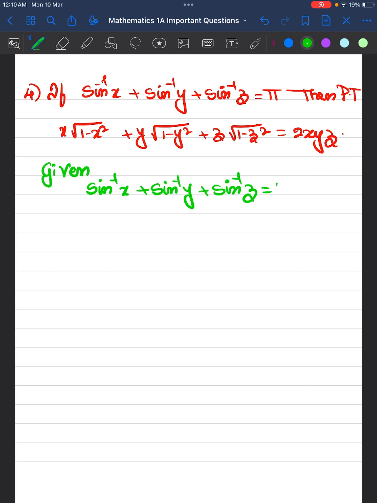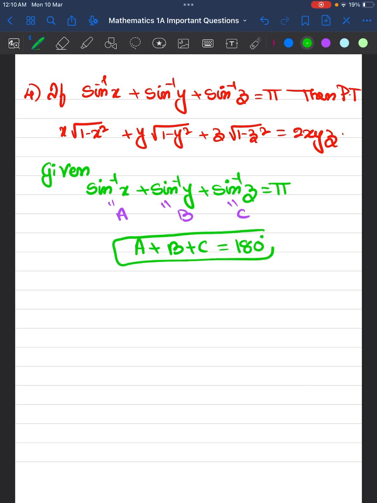For my convenience, I am taking these values as A, B and C. So then we can write it as A plus B plus C is equal to pi. Pi means 180 degrees, which is very comfortable to take. Let A be sin inverse x.